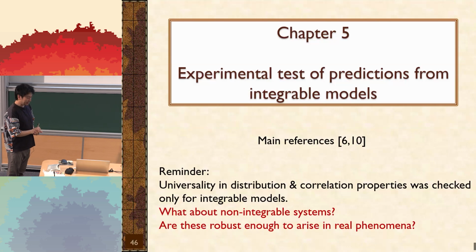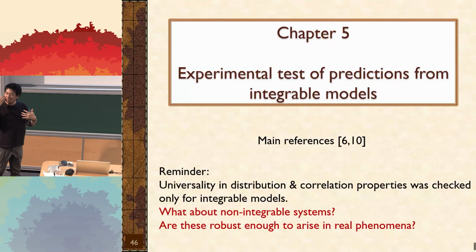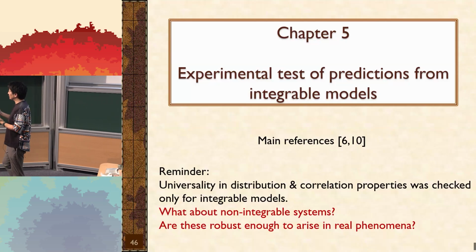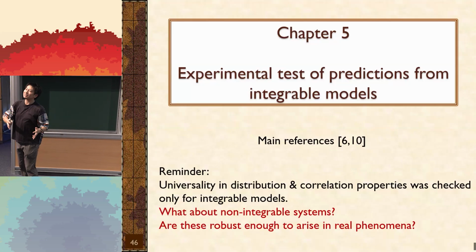But there are models or systems that are not integrable in the 1D KPZ class. So to me, it is not trivial if properties obtained for integrable models are kept exactly the same even in non-integrable models.